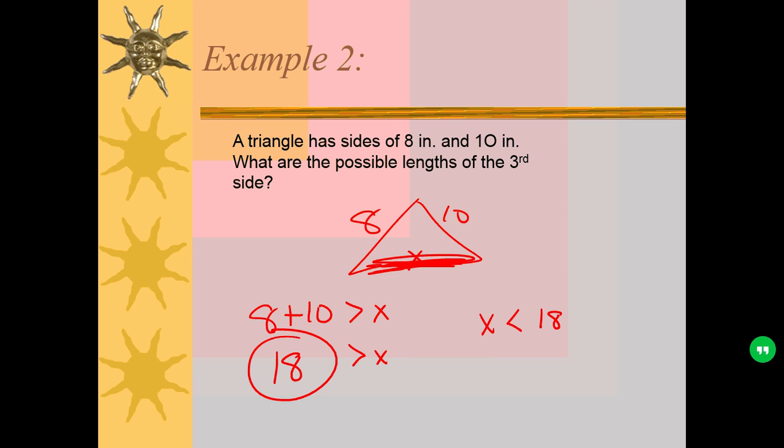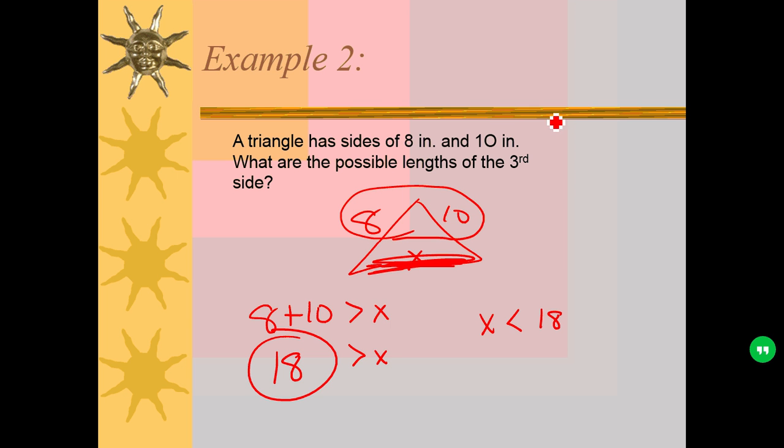So what are some possible lengths of that third side? Well, it could be 17. It could be 16, 15, 14, 13, 12, and so on.